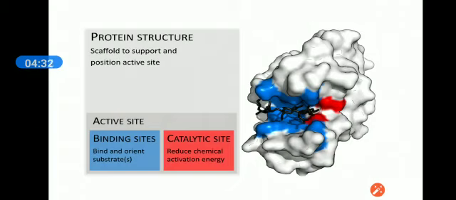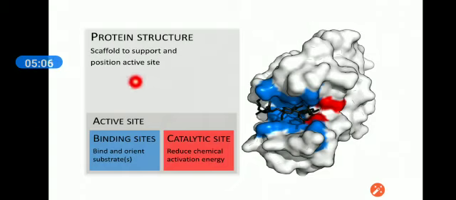As we discussed earlier, enzymes are protein structures, and this protein structure of the enzyme scaffolds to support and position the active site, because enzymes are bigger products of protein and have only a small portion of active site.